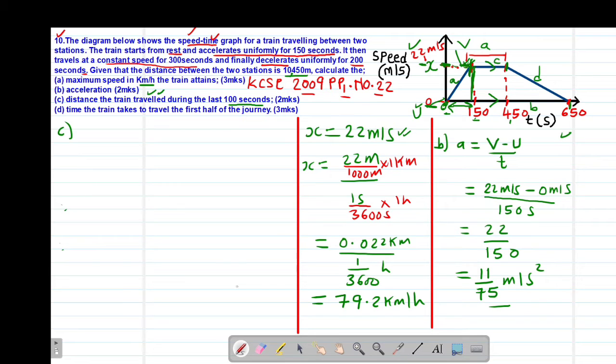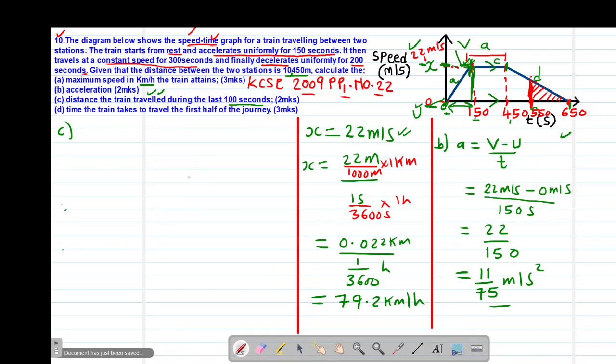The last 100 seconds in this diagram: if you take 650 minus 100, you are going to get 550. So up to the 550 mark, this is what we are calling our last 100 seconds. The shaded area represents the distance during the last 100 seconds.